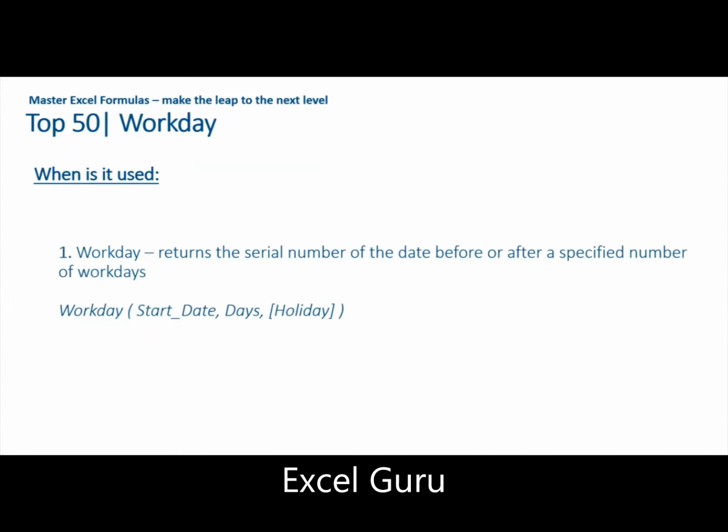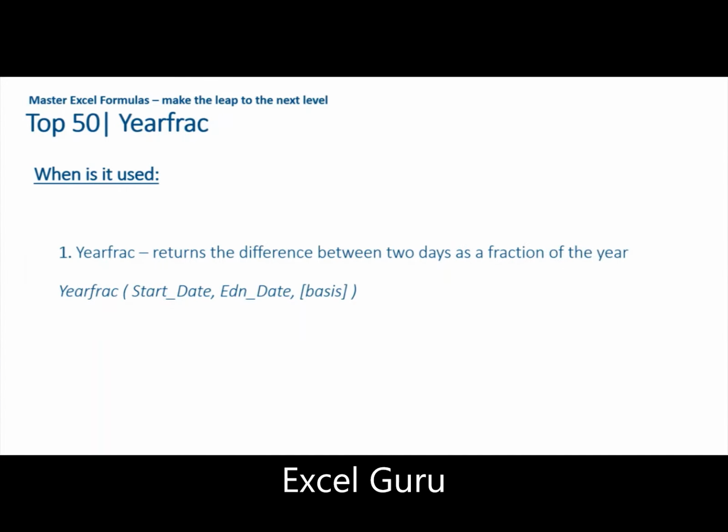Okay, the next formula is EFRAC, and this formula is quite useful, and I personally really like it, because when I have to analyze big sets of data that have a lot of dates, sometimes I need to just get a fraction, like the percentage fraction between 2 days, for example based on a 360-day year or something like that.